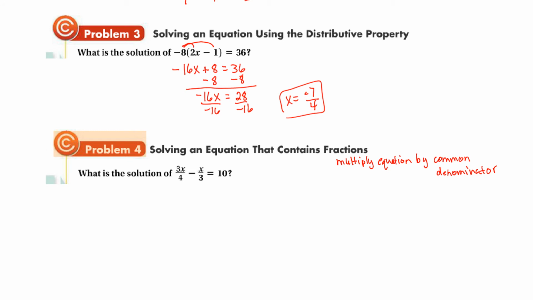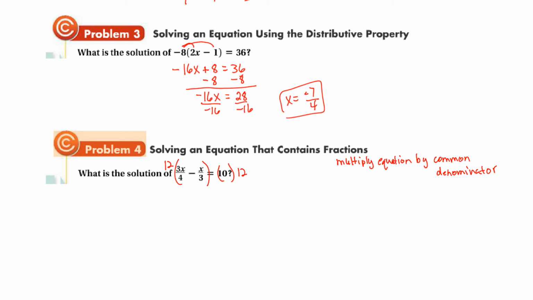So if I look here, I have a denominator of 4 and a denominator of 3. 4 and 3 are both factors of 12, so that means 12 would be a common denominator. So I'm going to multiply this side of the equation by 12 and this side of the equation by 12.